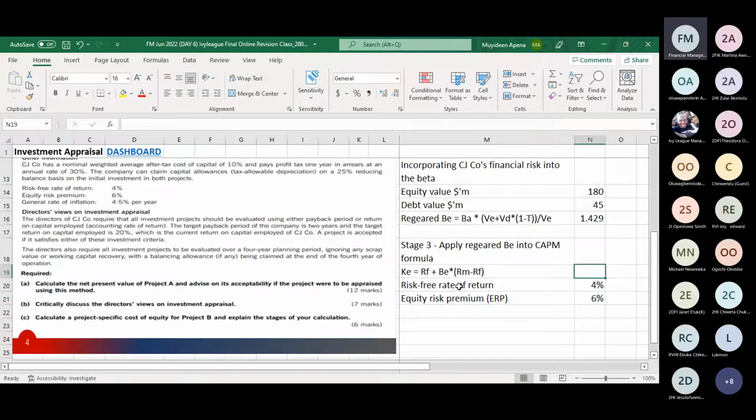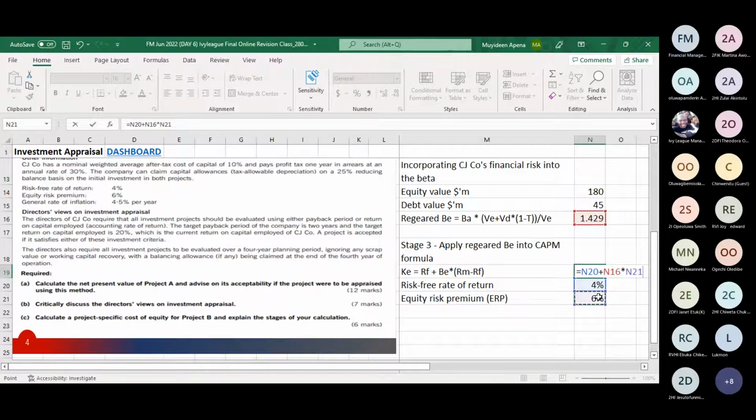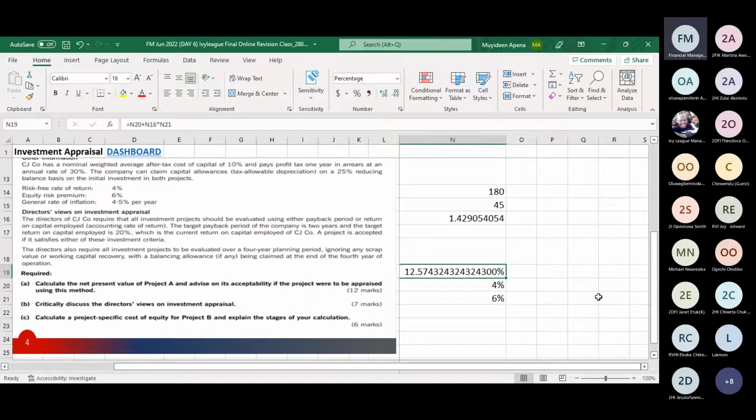So with this, we can say KE equals 4% plus 1.429 times 6%. So 12.57, thereabout.